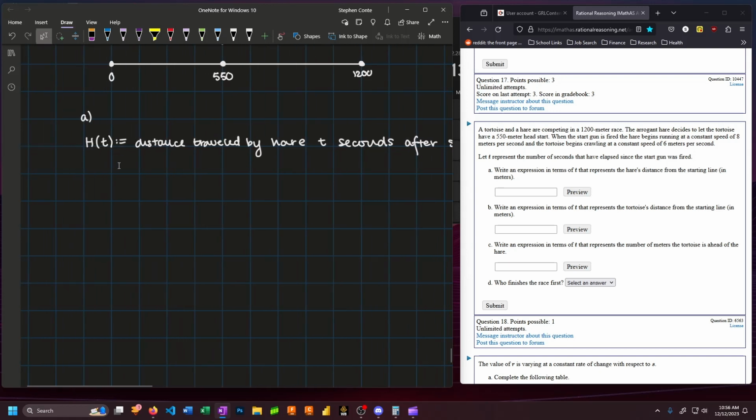Well, I know that the hare runs at a rate of 8 meters per second, so that means that h of t would have to be 8t.